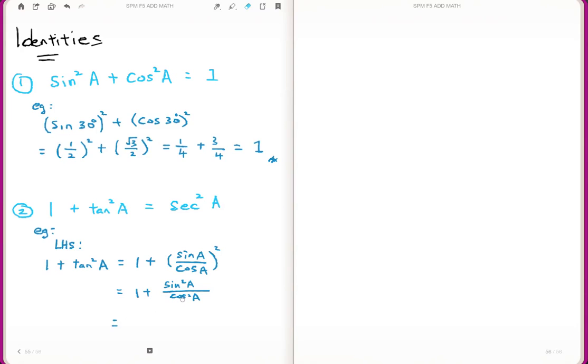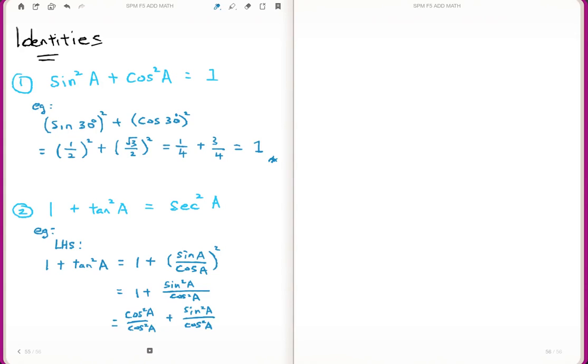Now, the denominator is different, so I'm going to multiply with cos squared A. So what happened here? 1 is actually cos squared A over cos squared A, and then plus sine squared A over cos squared A. So the denominator is now the same. I'm able to perform the addition.